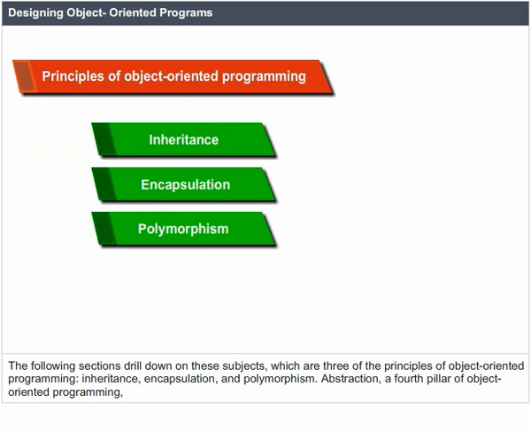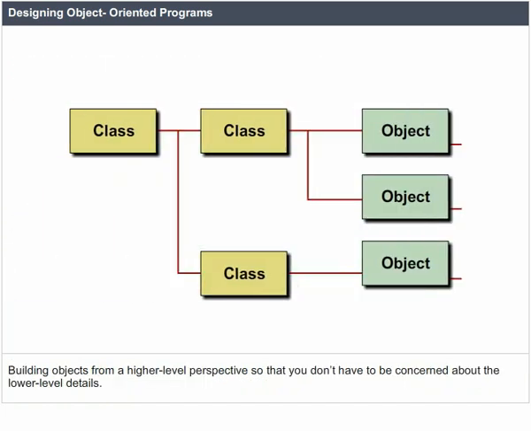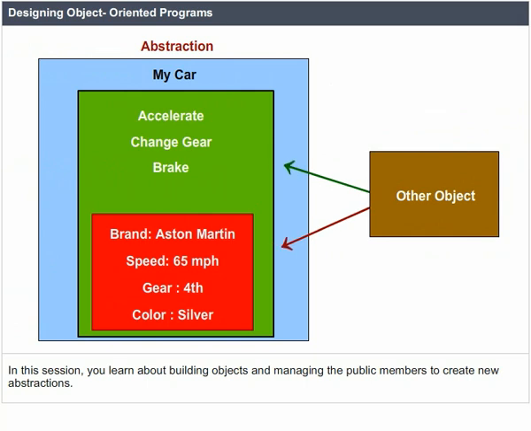Abstraction, a fourth pillar of object-oriented programming, is building objects from a high-level perspective so that you don't have to be concerned about the lower-level details. In this session, you learn about building objects and managing the public members to create new abstractions.